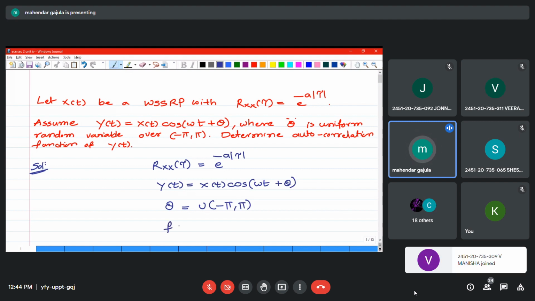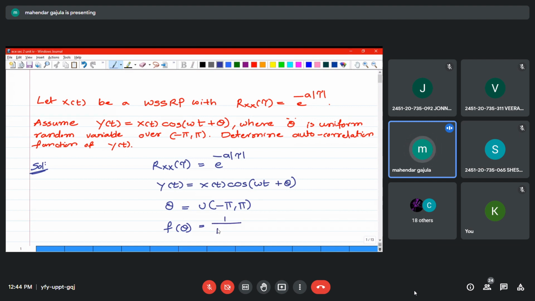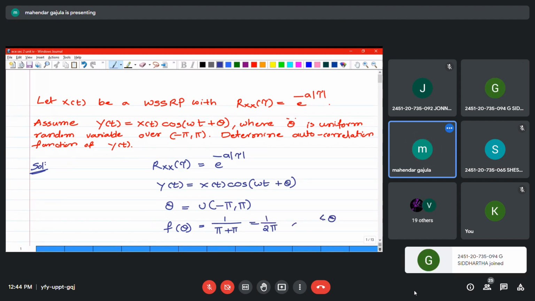What is the density function of a uniform random variable? 1 by b minus a. So it is 1 by 2 pi over the range minus pi to pi.